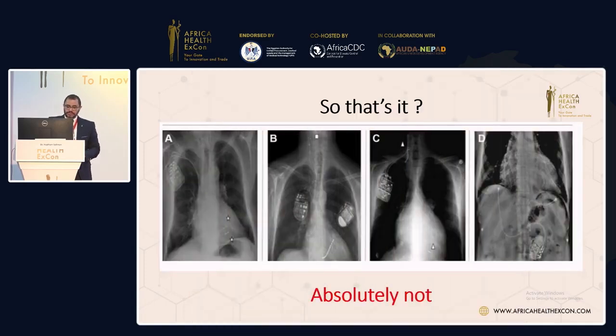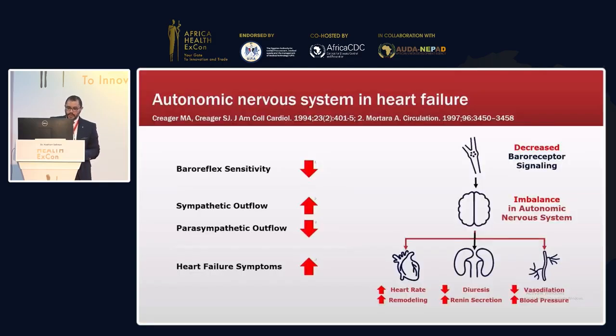So, it is good to know there are plenty of implantable devices now to help us optimize the heart failure treatment. One of them is an automated system to manipulate the autonomic nervous system of the patient.